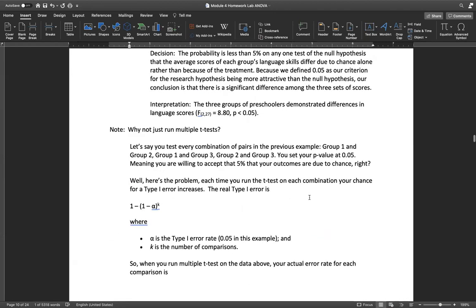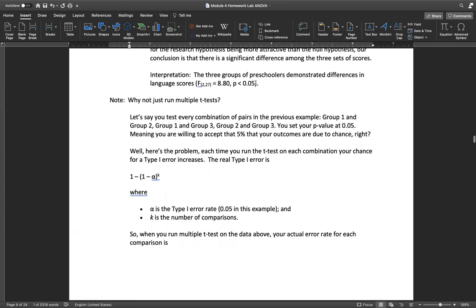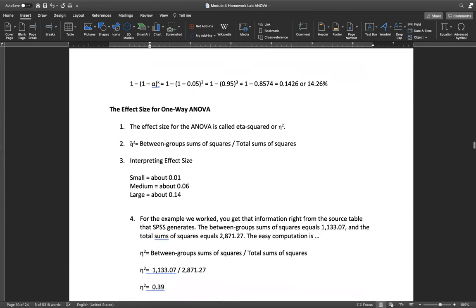Now, if we run an F test for an ANOVA and find that our findings are significant, which we just did, then the next thing we can run is effect size. The effect size of a simple one-way ANOVA is eta squared, which is the between group sum of squares divided by the total sum of squares.